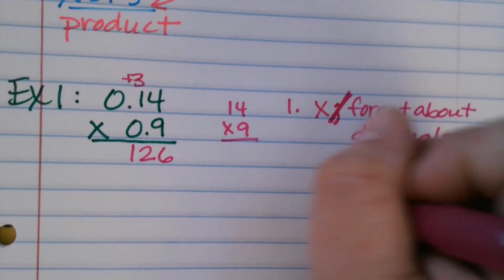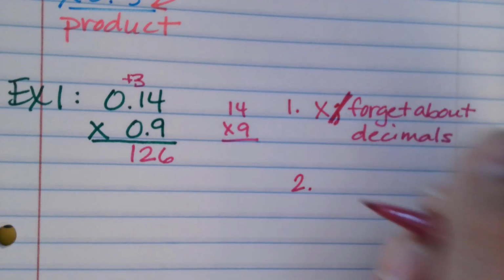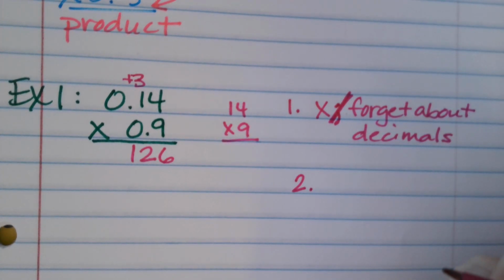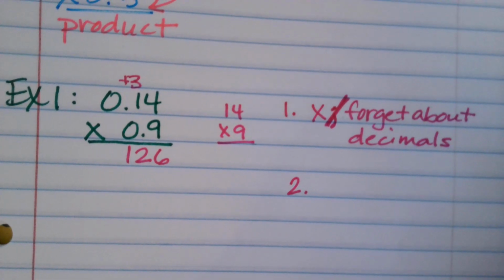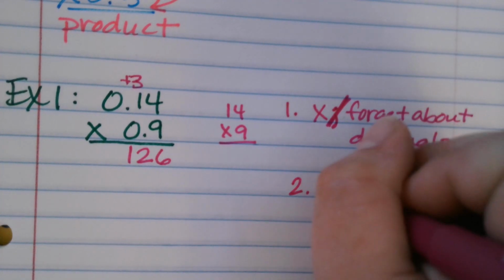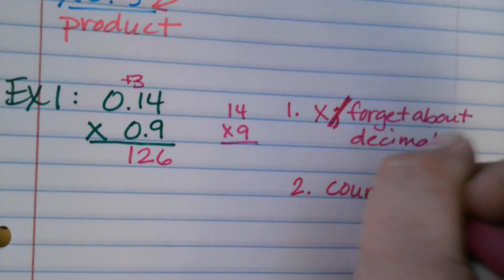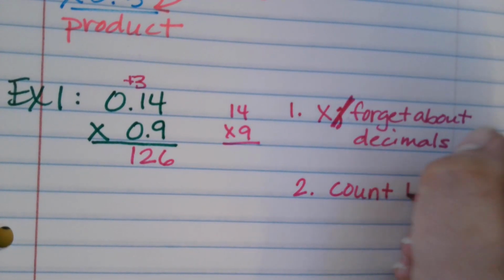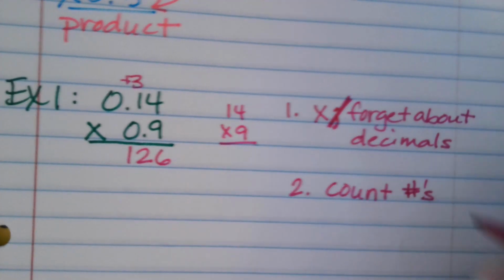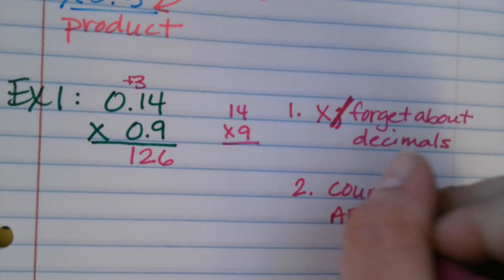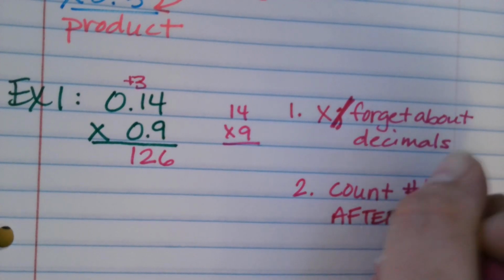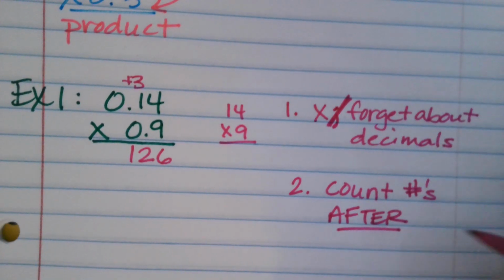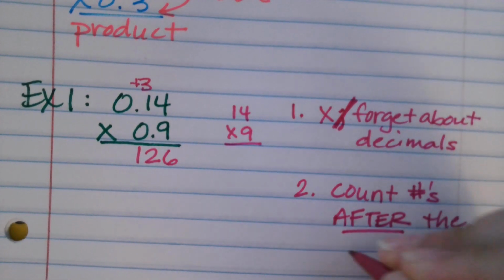Now, I want you to take note of step 2. Is everybody with me? Yeah. All right, don't let me leave you behind. This one I want to make sure we're super clear on. We're going to count the numbers after the decimals.